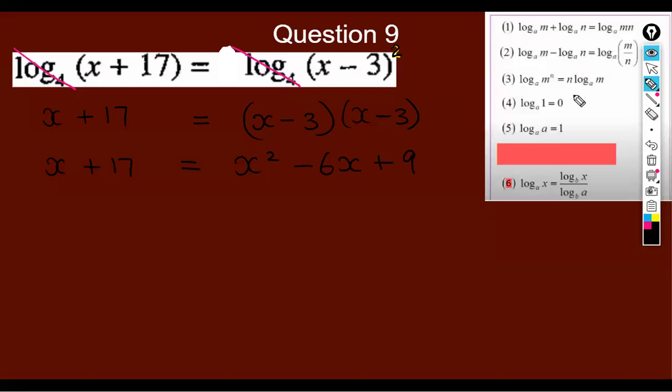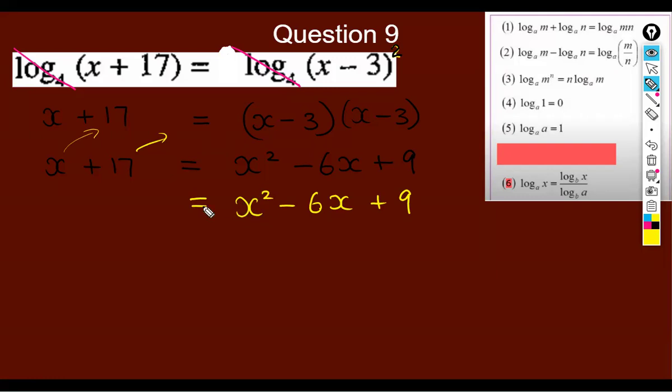And you have a choice: either you throw the x and the 17 on that side, or you throw everyone else on the other side. I personally like my x squareds to always be positive. It doesn't matter which side you throw everyone else on; you're going to get the same exact answer. But I hate it when my x squared becomes negative.